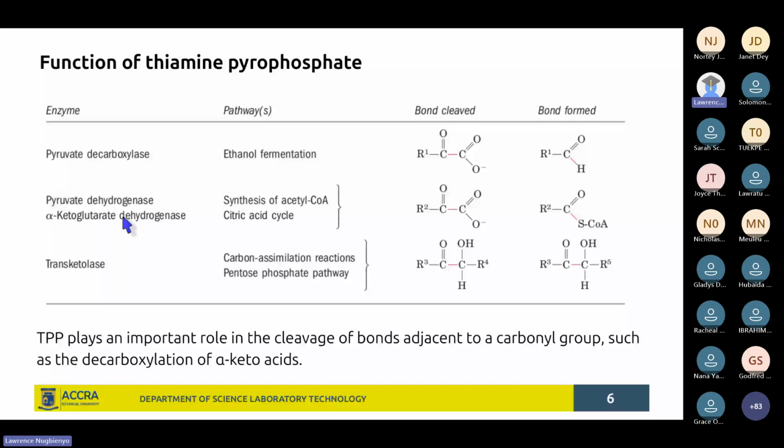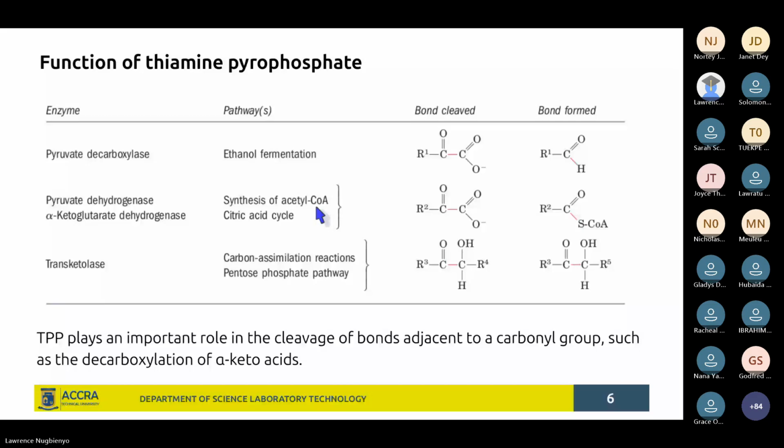When we were looking at the classification of the enzymes, the first class that we saw was the oxidoreductases, which were involved in the oxidation reduction reactions. And here we see pyruvate dehydrogenase is involved in the synthesis of acetyl-CoA.